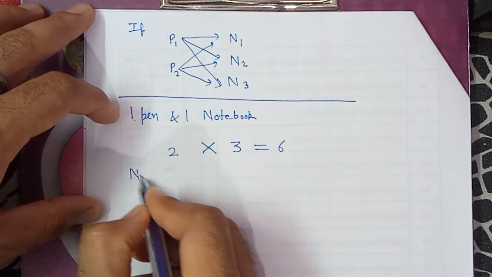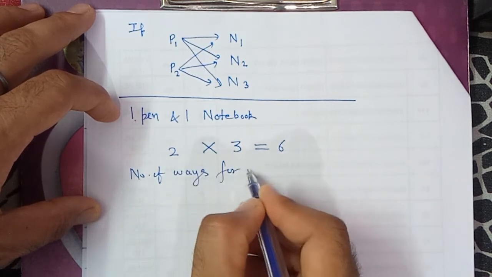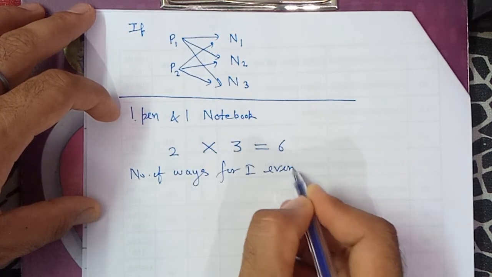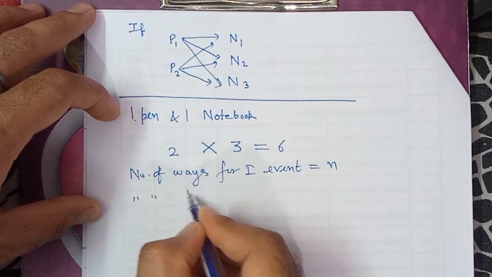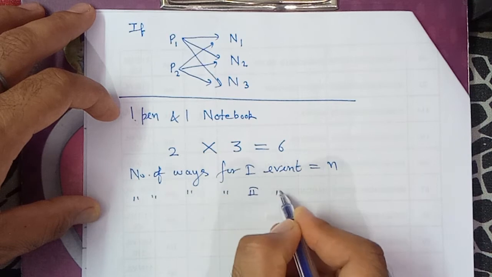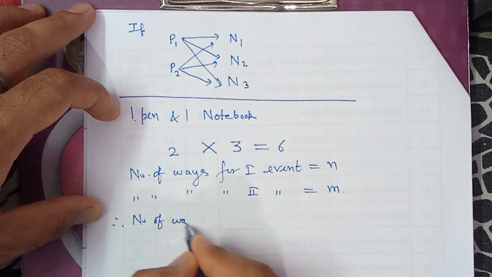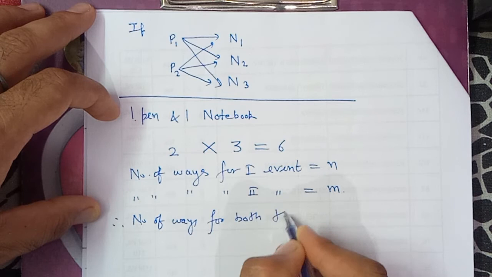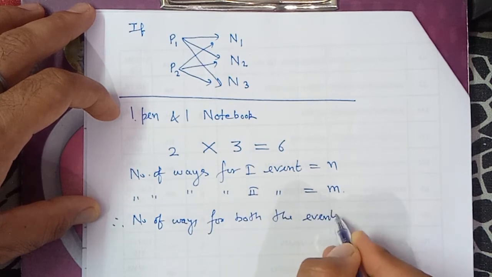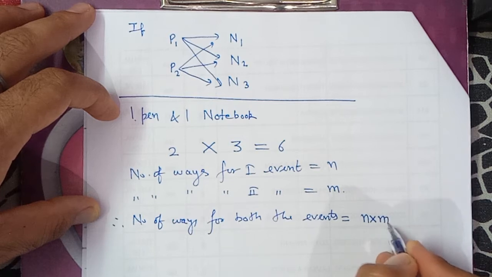If the number of ways for the first event is n and for the second event is m, then the number of ways for both the events is n into m.